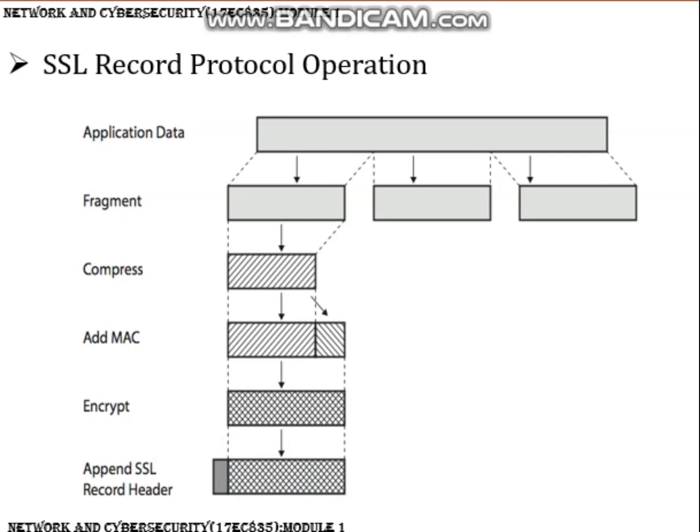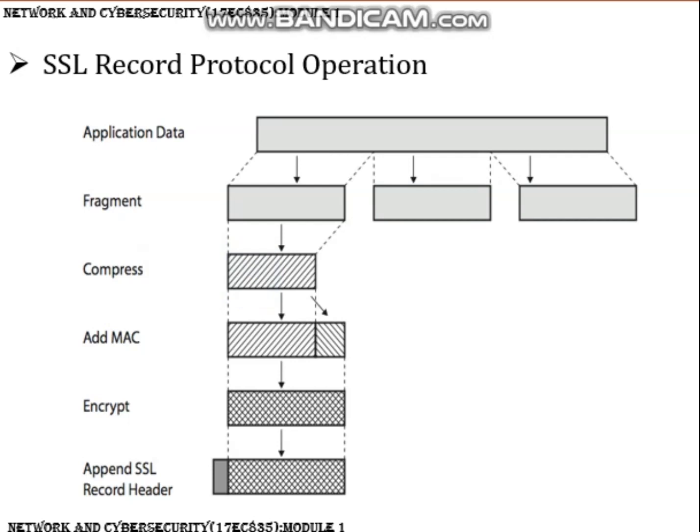In the fragmentation process, each upper layer message is fragmented into blocks of 2 raised to 14 bytes, that is 16,384 bytes or less. Next, compression is optionally applied.